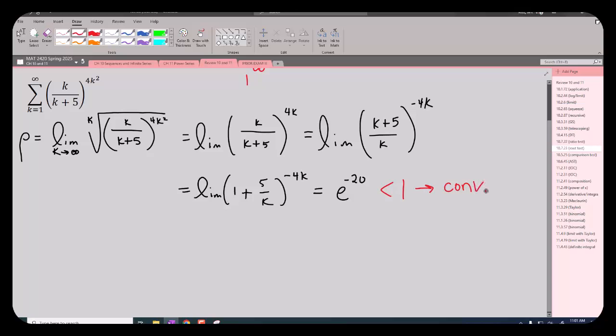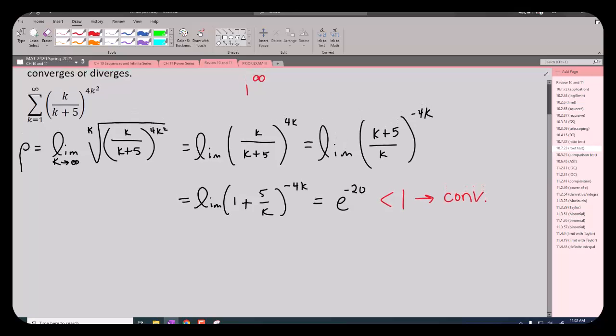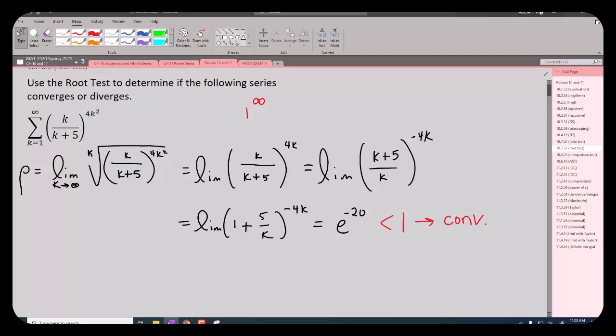So don't be lulled into the divergence test mentality. Divergence test says if the limit is not 0, it diverges. And remember what test you're using. So divergence test, if the limit's not 0, you say it diverges, but root, ratio, or geometric series, less than 1, converge.